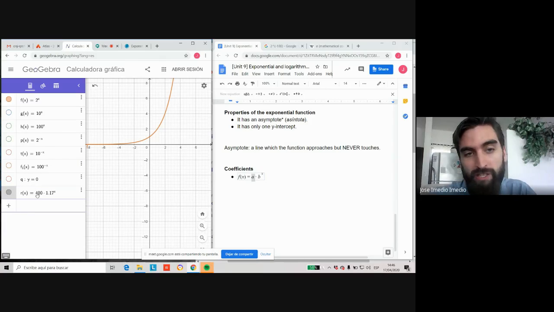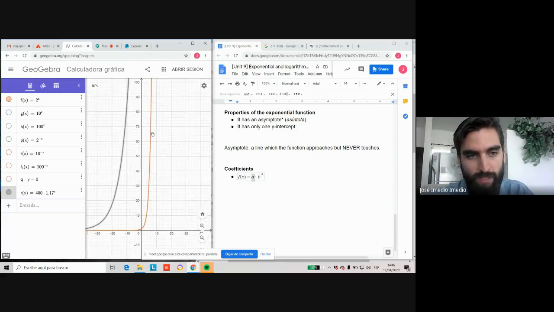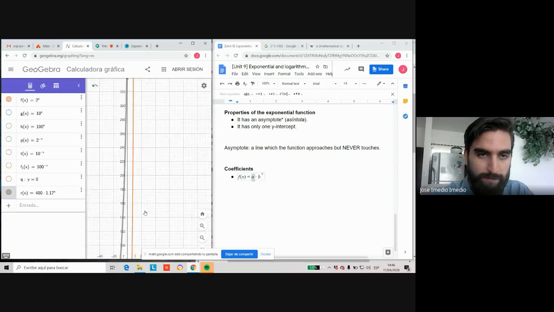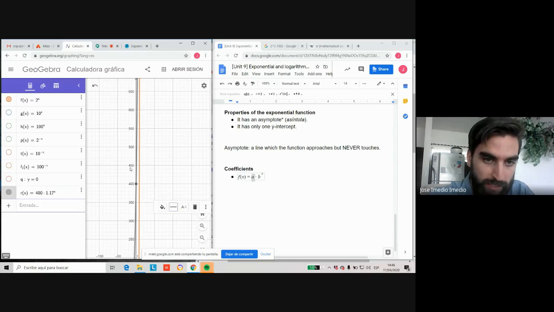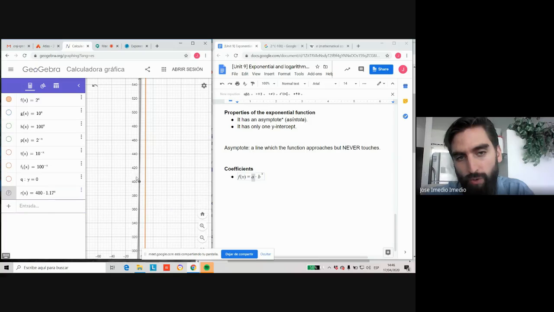So now my initial value, well, not initial value, but my y-intercept, it's exactly here. It's at the point where it takes this value. Okay, so it's at y equals the value of this coefficient.